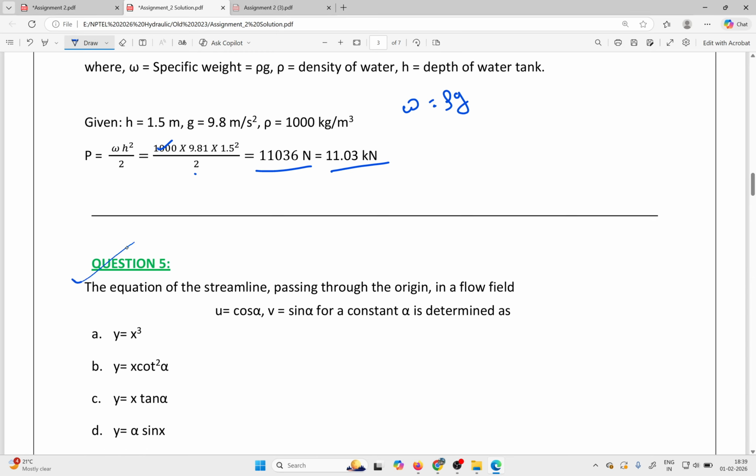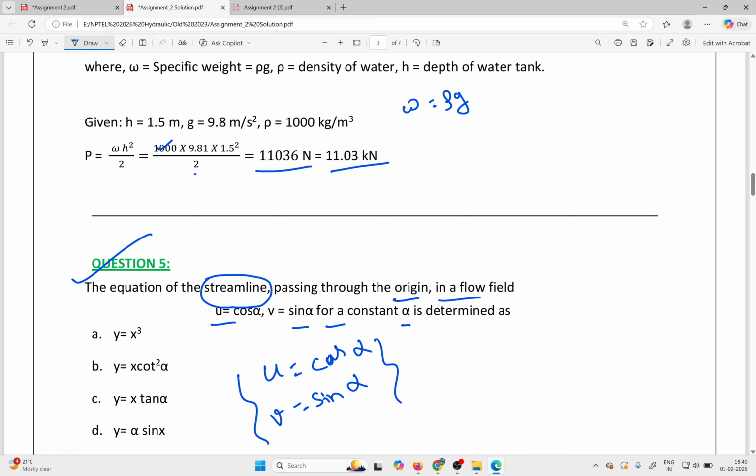So question number 5. The equation of streamline passing through the origin in a flow field U cos alpha, V sin alpha for a constant alpha. It is the equation of a streamline, not stream function. You have to calculate the equation of a streamline when U is given as cos alpha and V is given as sin alpha, and alpha here is constant.